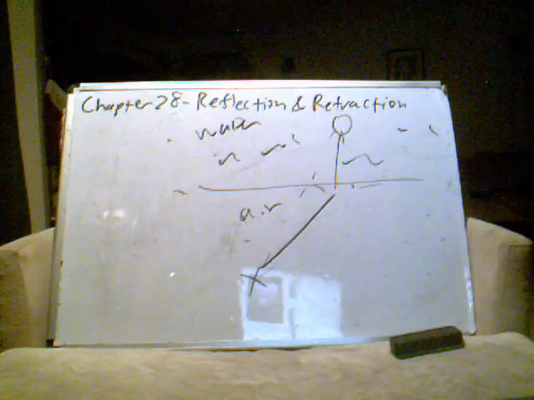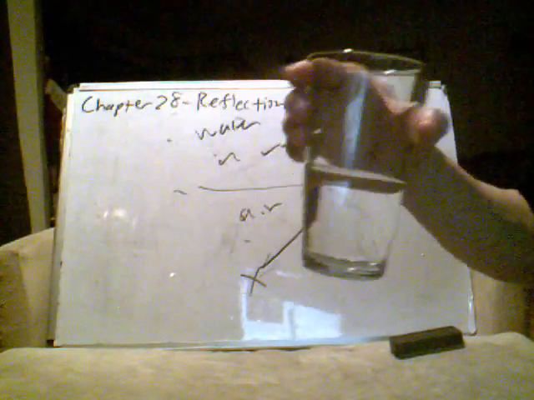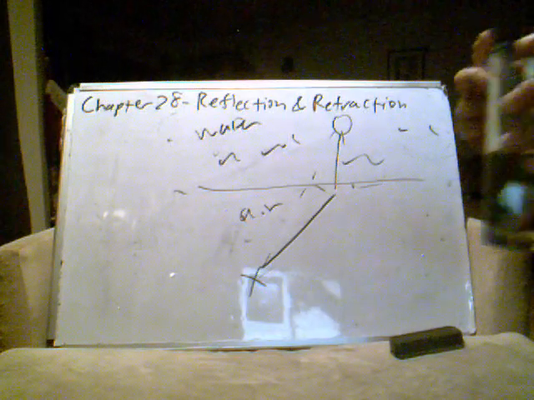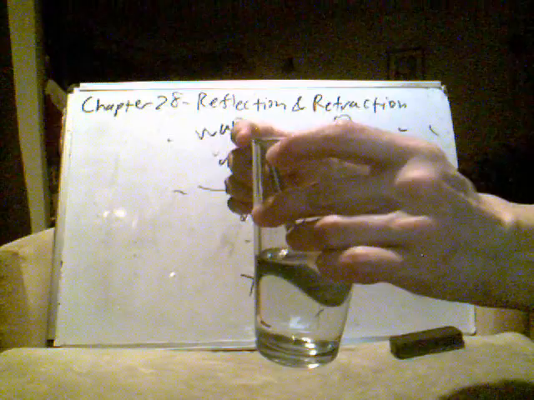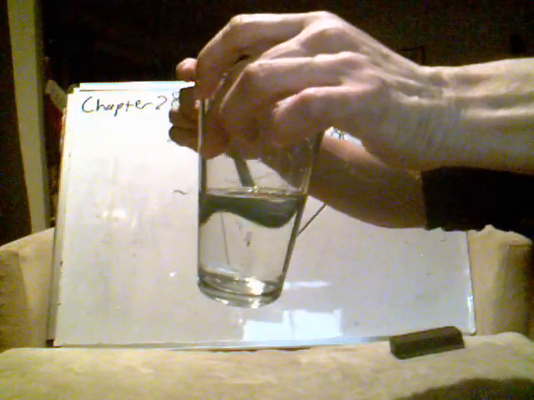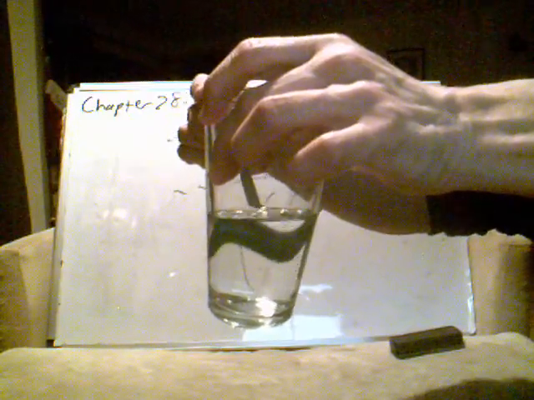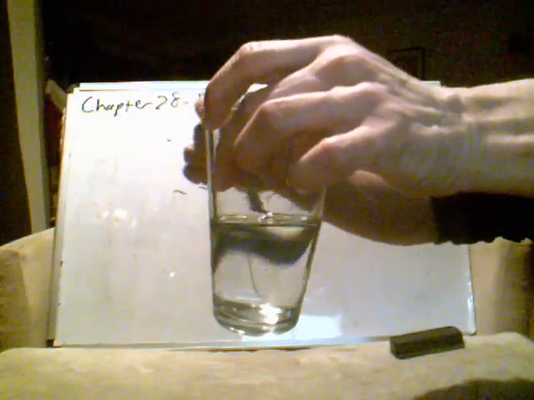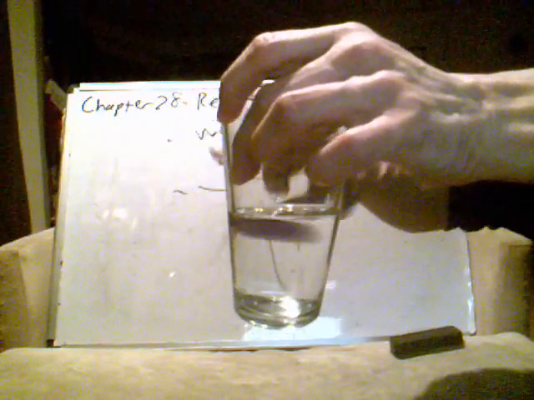So if you were to take a pen or a pencil and stick it in your glass of water, and I'm not going to do that because I actually intend on drinking this glass of water, you can already very easily see that it looks like the pen is not moving in a straight line such as it is above the water, right? It looks like the line is bent.